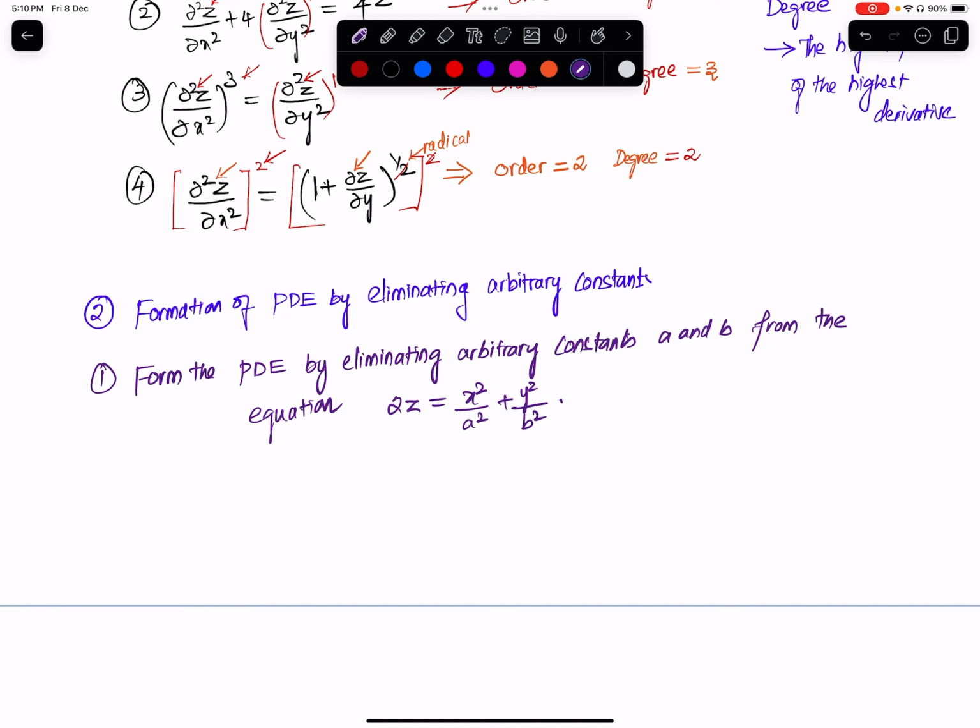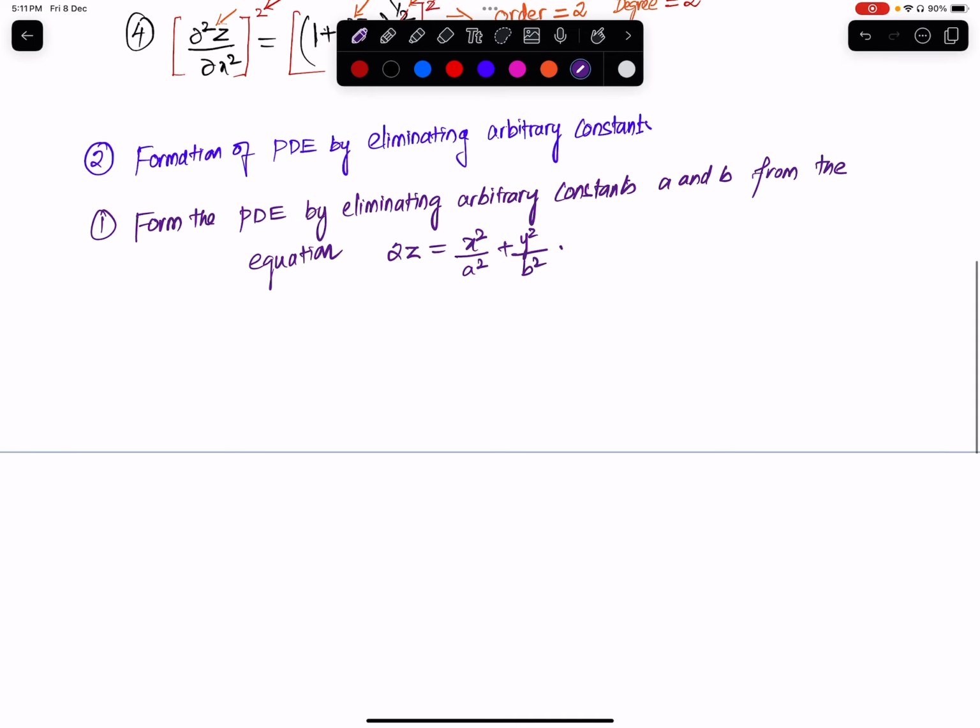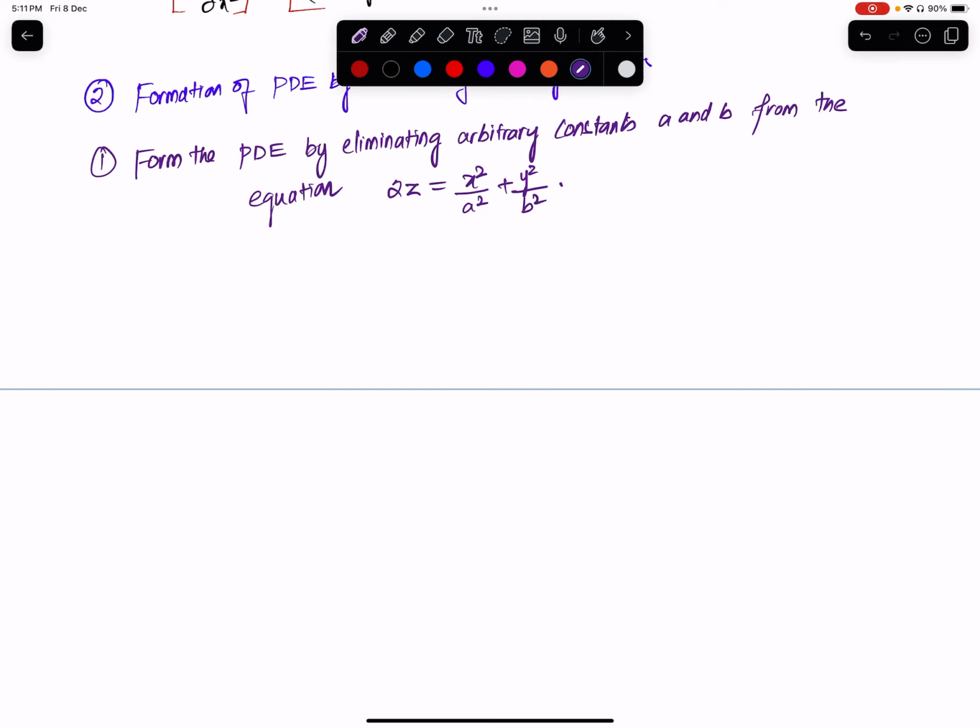But here, don't forget, you have to keep the number of independent variables in mind. Here the function z depends on two independent variables x and y. So keep that in mind and based on that find the derivatives. See here how I am doing it. Let me change the color. So, answer.